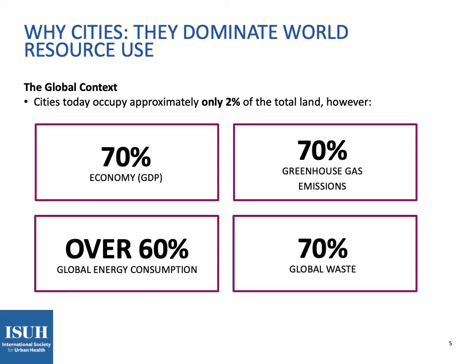So, cities are important in the global context, not because they occupy 2% of the land, but because of their output. Cities are important for four major reasons. Number one, they are 70% of the economic output in terms of gross domestic product.